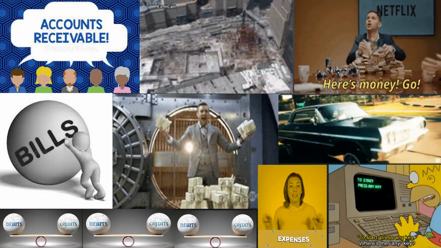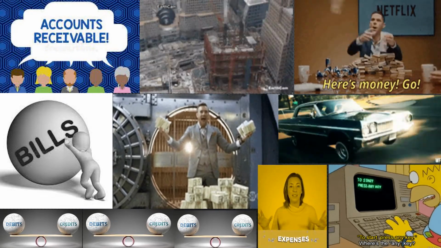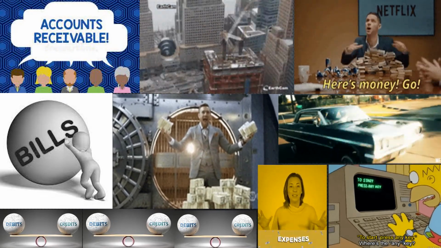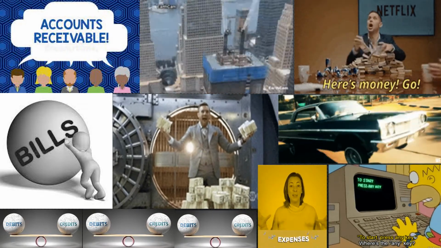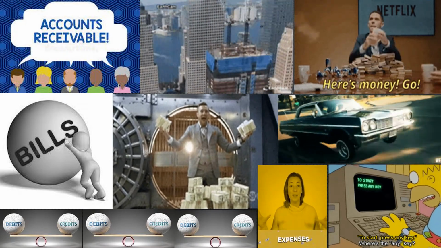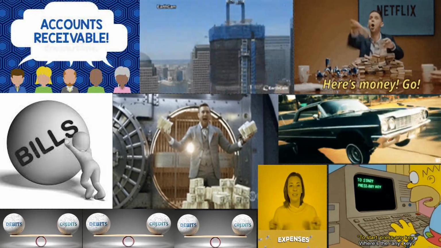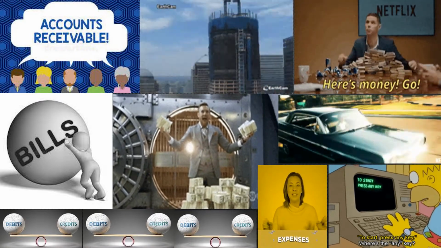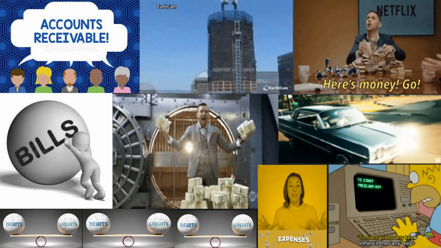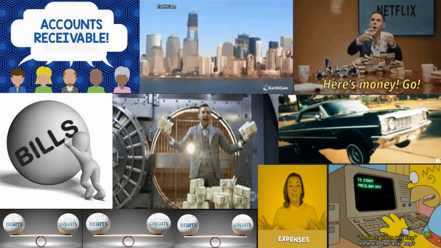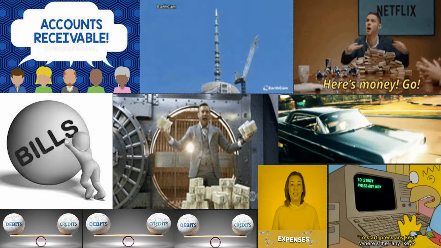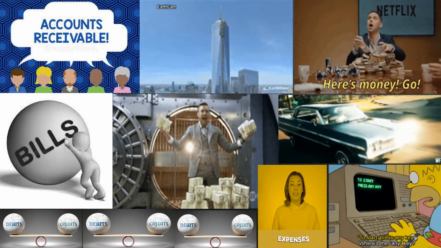So let's look at the first one. What type of account is accounts receivable? Firstly, you need to look at whether it is an asset, liability, owner's equity, revenue, or an expense. Since accounts receivable are people who owe the business money, that is classed as an asset, and an asset has a debit nature.